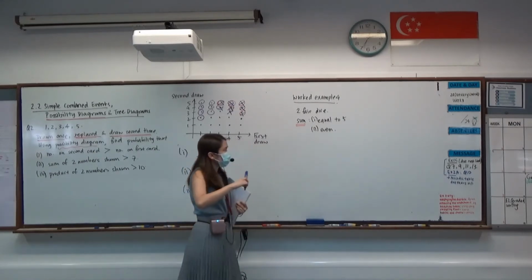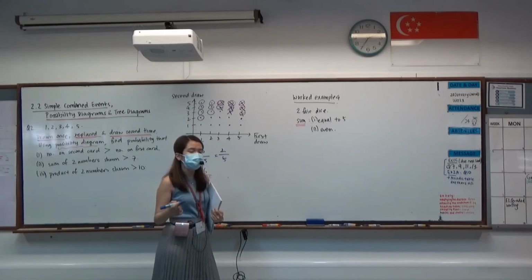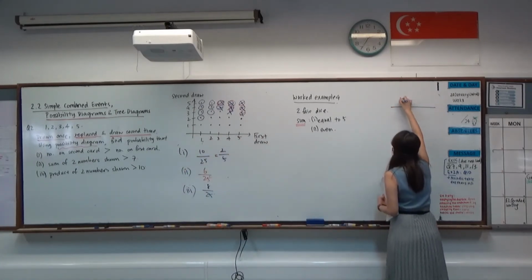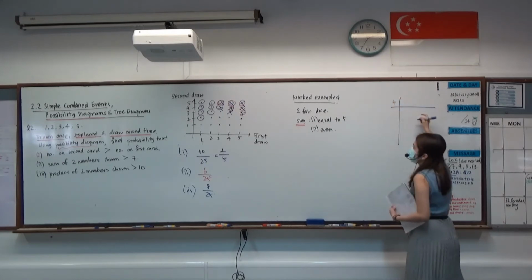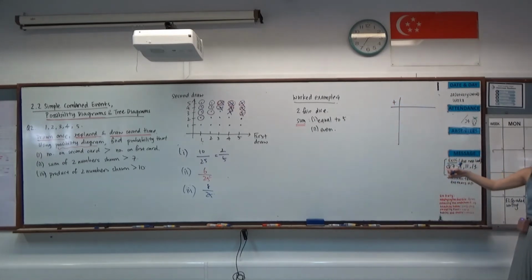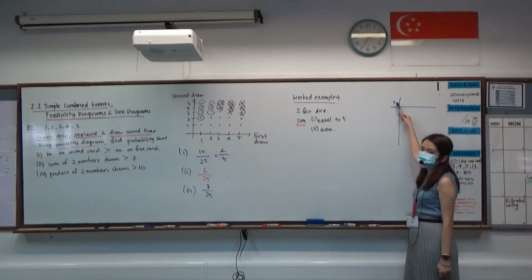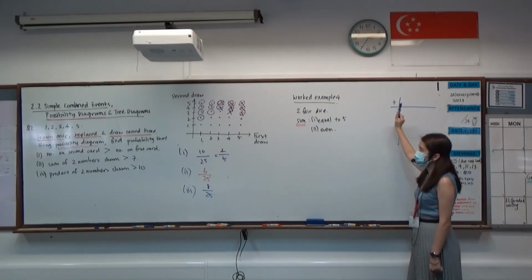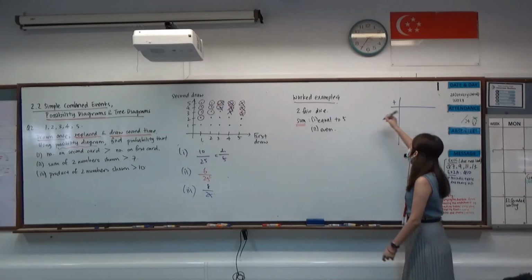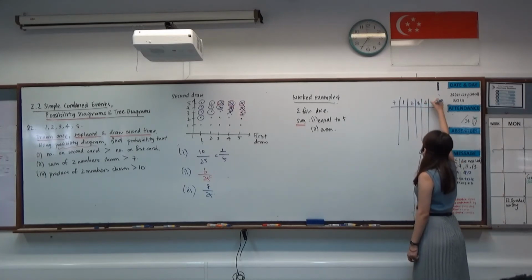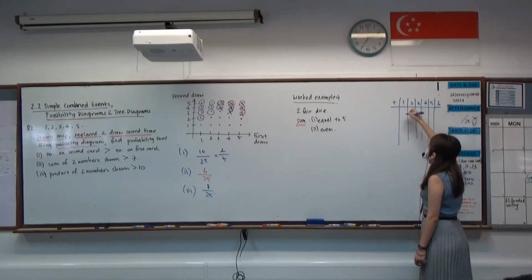So, since the question talks about sum, we can draw a different version of our possibility diagram. So what we will do is, we don't draw an axis, we draw a table, okay, with a plus sign at the corner to indicate that we are adding up numbers. Since you're looking at a normal die, we will have 6 columns and 6 rows.